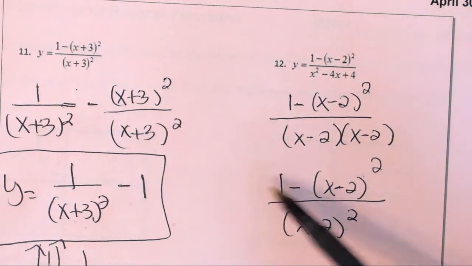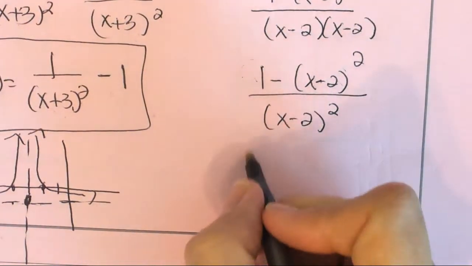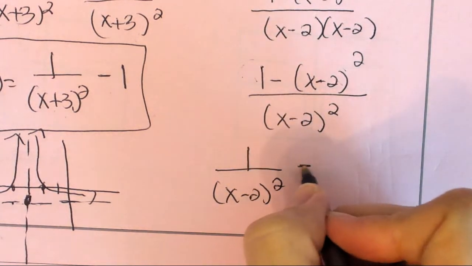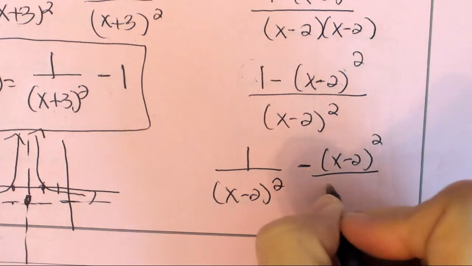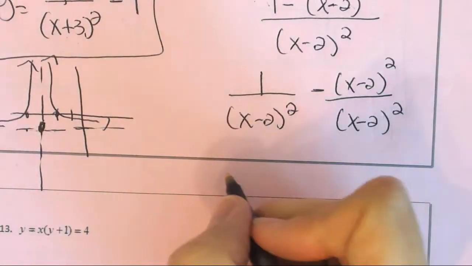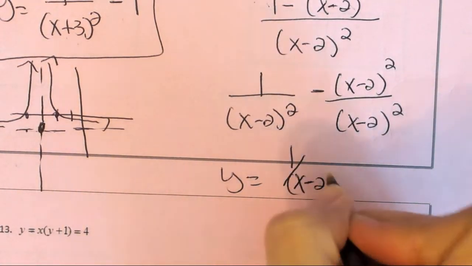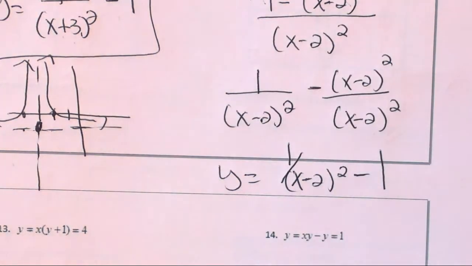So I'm going to write this one fraction into two different ones. So I'm going to have 1 over (x minus 2) squared minus (x minus 2) squared over (x minus 2) squared. So we have y equals 1 over (x minus 2) squared minus, anything divided by itself is 1.